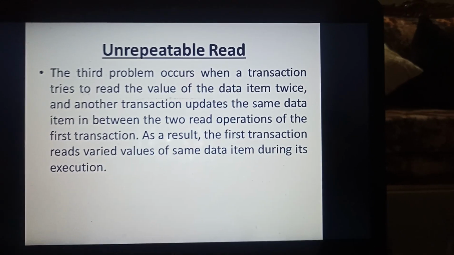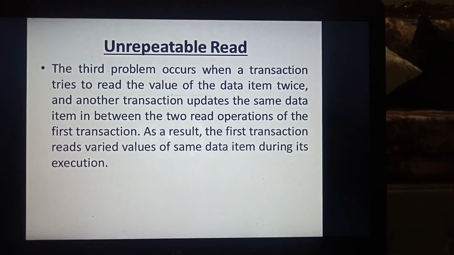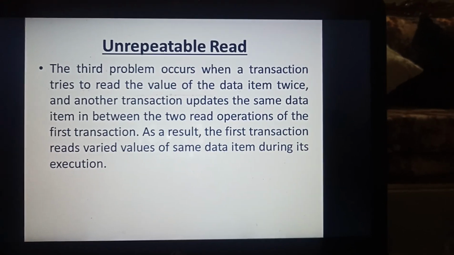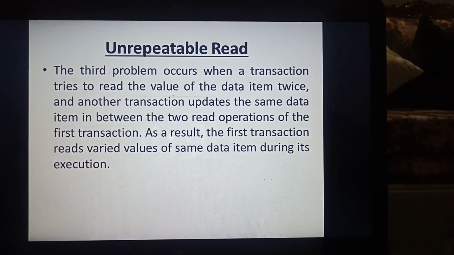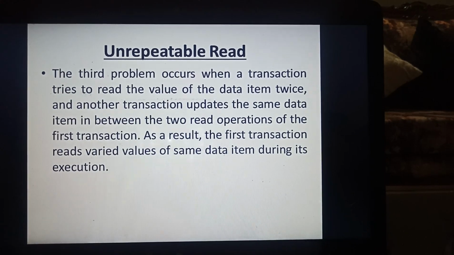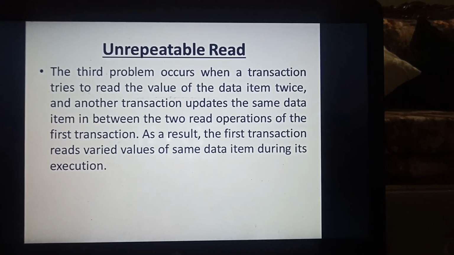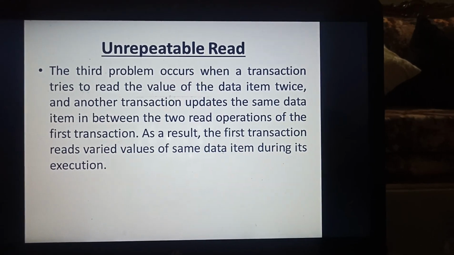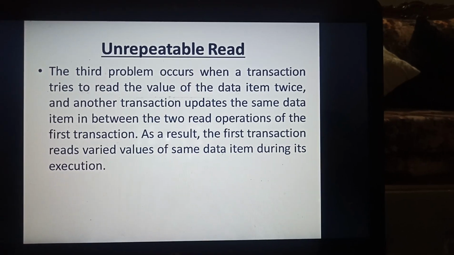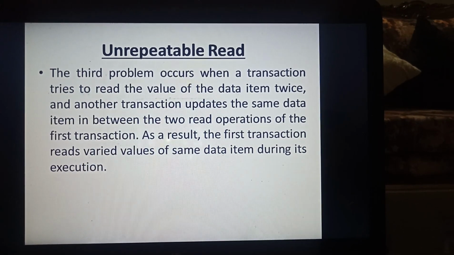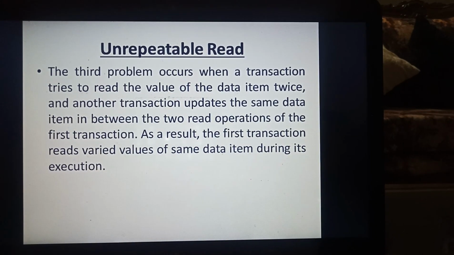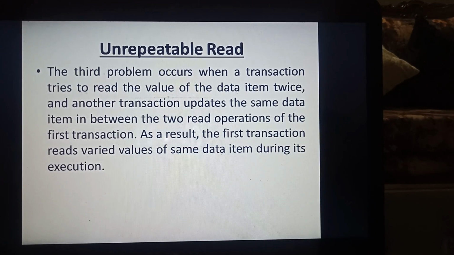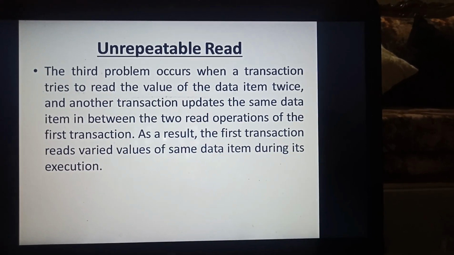Now the third problem occurs when a transaction tries to read the value of the data item twice, and another transaction updates the same data item in between the two read operations of the first transaction. As a result, the first transaction reads varied values of same data item during its execution.